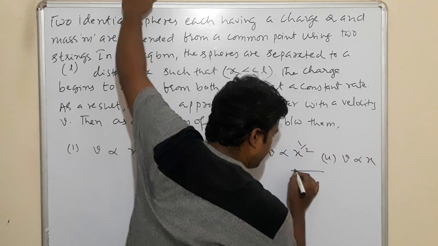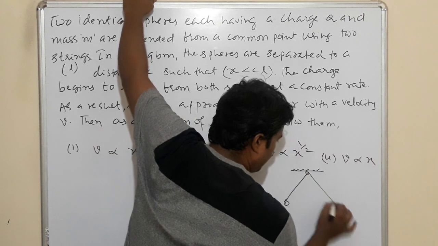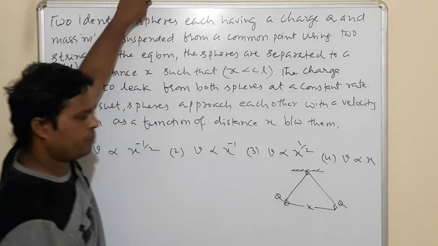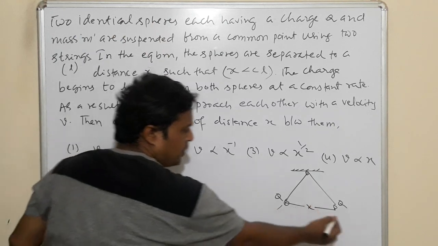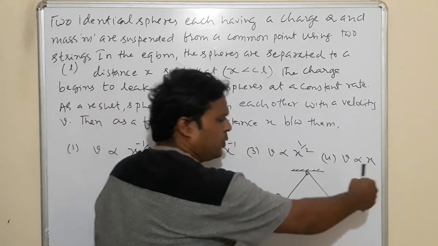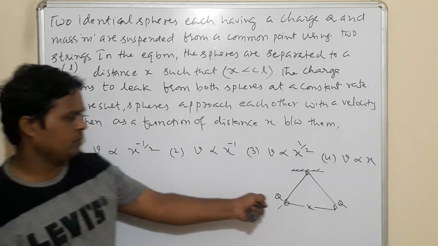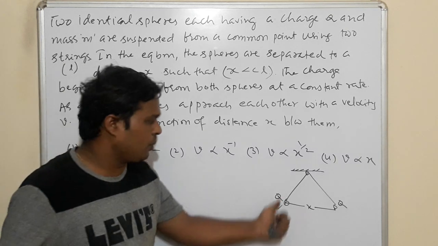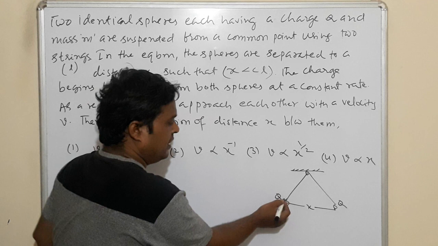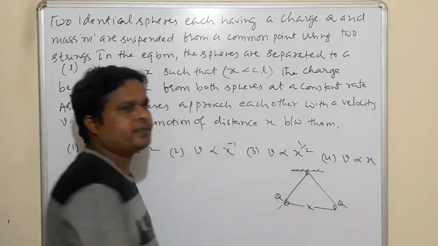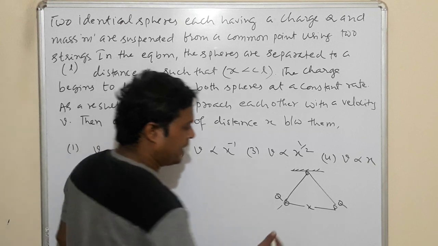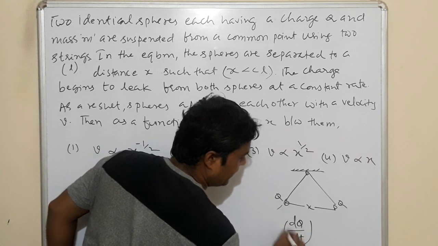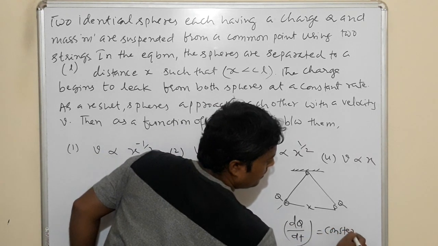As a function of distance, see, this is the suspended point, this distance is x, both are having some charges q. Because of the charges present on the two spheres, they are repelled to a distance x. If charge starts to leak from both the spheres at a constant rate, that means dq by dt is constant.